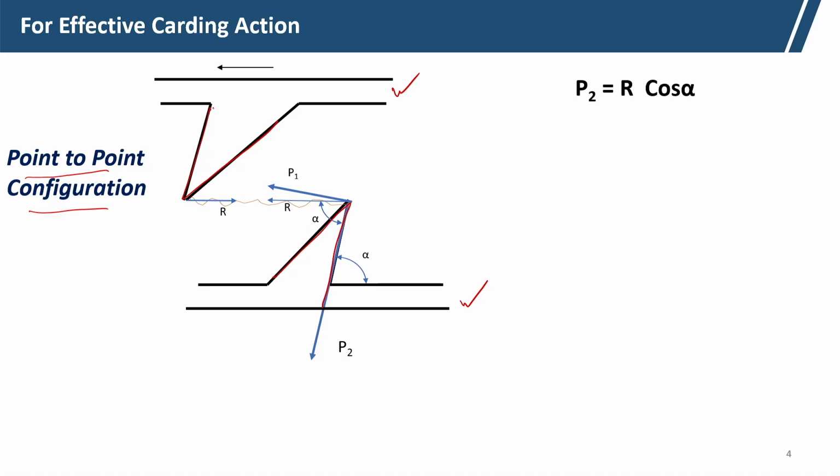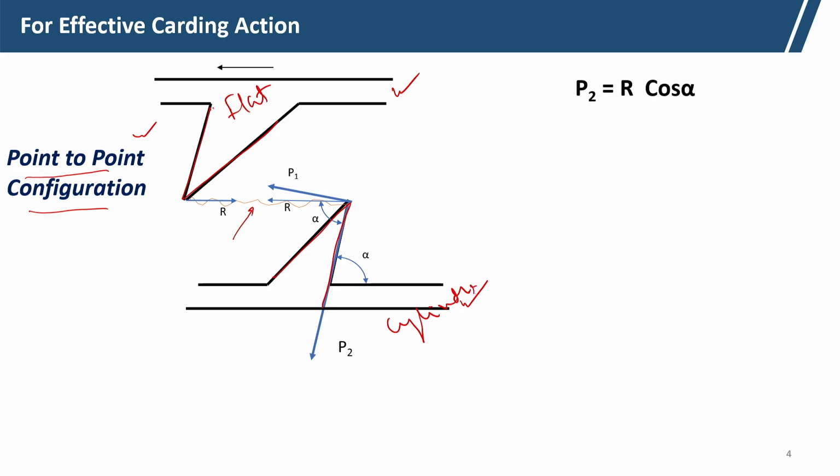Now we are trying to analyze the force on a fiber between these two wire points. The red color shows one fiber attached between these two surfaces. Suppose this is the flat and this is the cylinder.